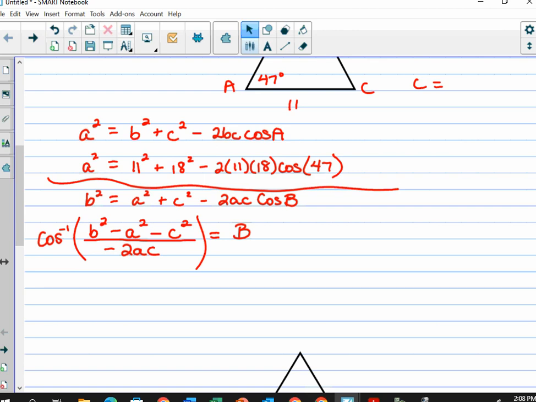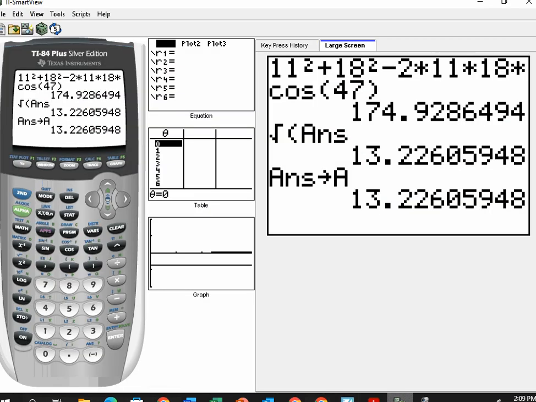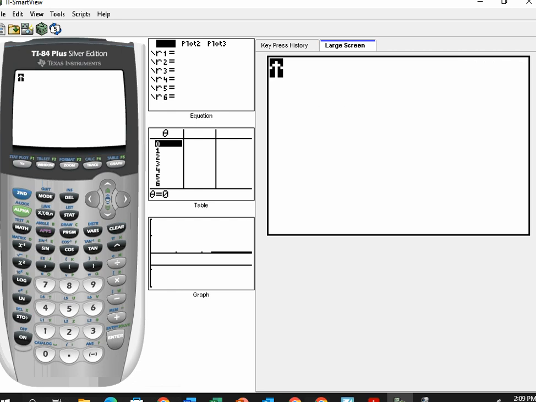Okay, so on the calculator, again, don't do this in parts, do one big thing here. So inverse cosine. Now, most of you have the shortcut fraction key on your calculator. Mine does not up here. But the way you get to that, if you push alpha, the green key, and then y equals, the first thing that comes up is like n over d. So just push enter, and that will create a fraction for you.